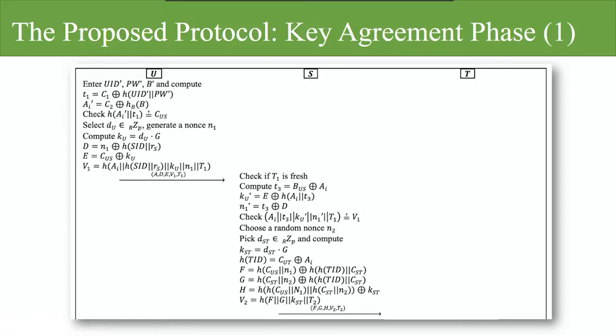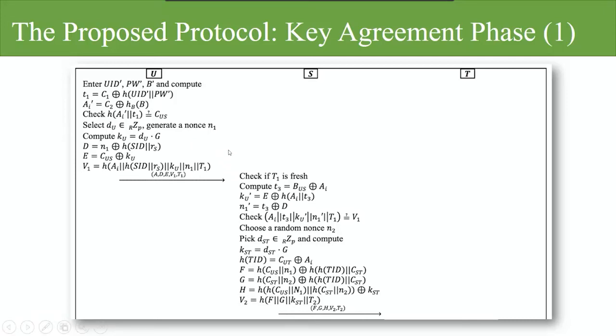And you select a random DU belonging to ZP, pick a random nonce NI, and compute QU. There are a lot of steps. We don't need a very specific explanation.